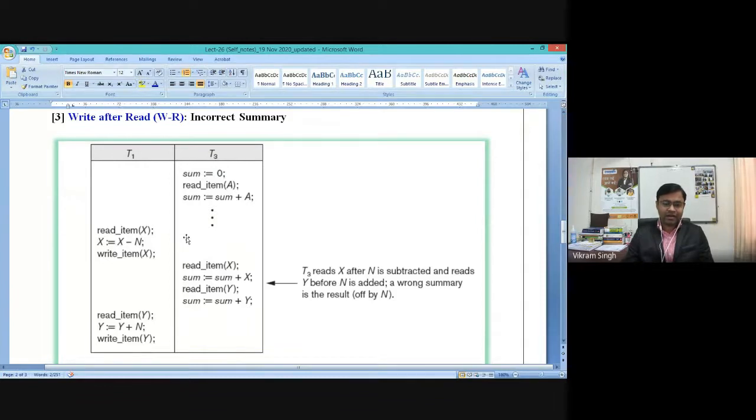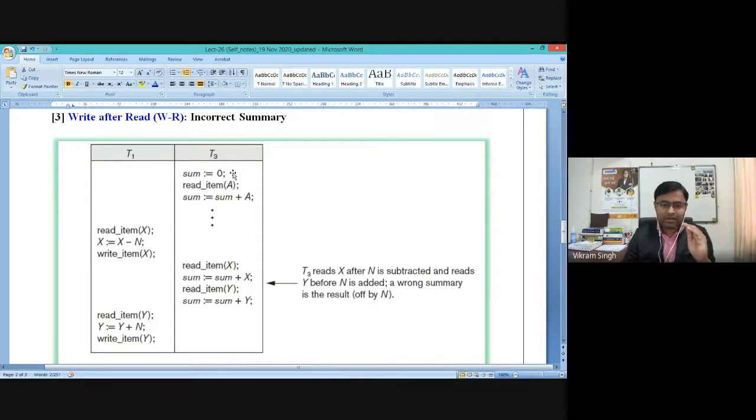Whenever we are performing two operations, transaction T1 has some operations arranged, and T3 has different operations. So now we have a third user, with another transaction called T3. T3 has a few instructions arranged initially.